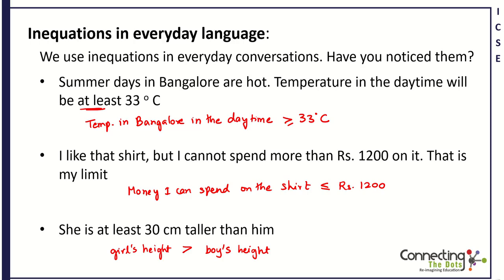It means even if you add 30 centimeters to the height of the boy, the girl is still taller. So at least 30 centimeter taller than the boy can be expressed in this way. And I want you to spend a minute looking at these examples and understand how you can interpret a statement like this and write it as an equation or an inequation.